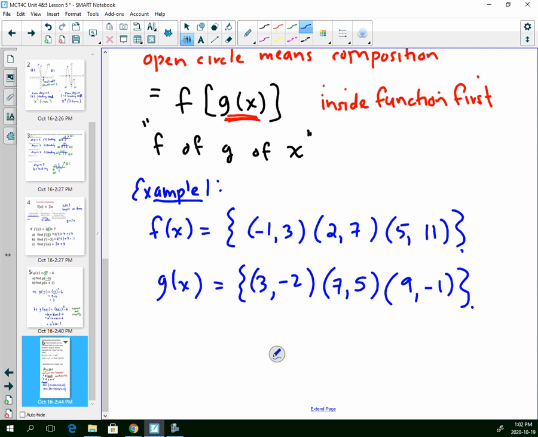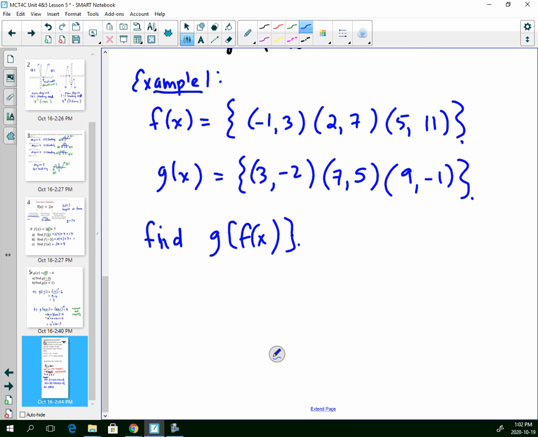Okay, so we'll call this example 1. Okay, so let's say I want to find g of f of x. So g of f of x says start with f of x. So we start with f of x. And we look at the first point. So the first point is -1, and I look at the result, which is 3.